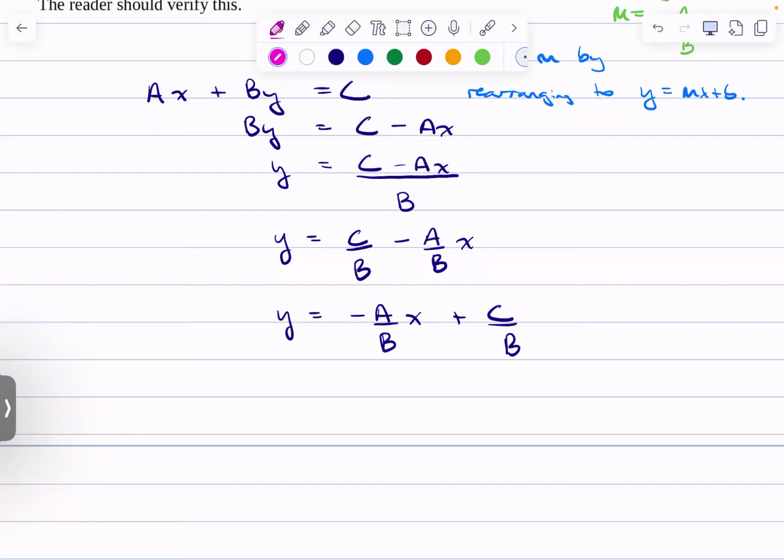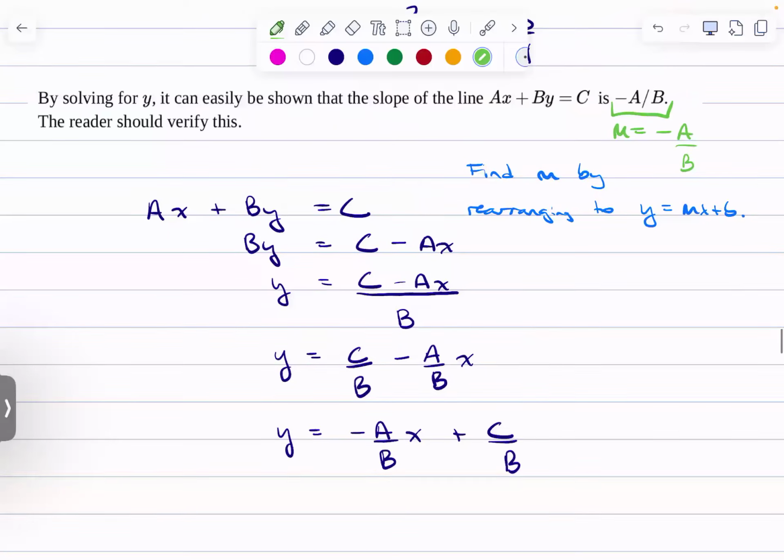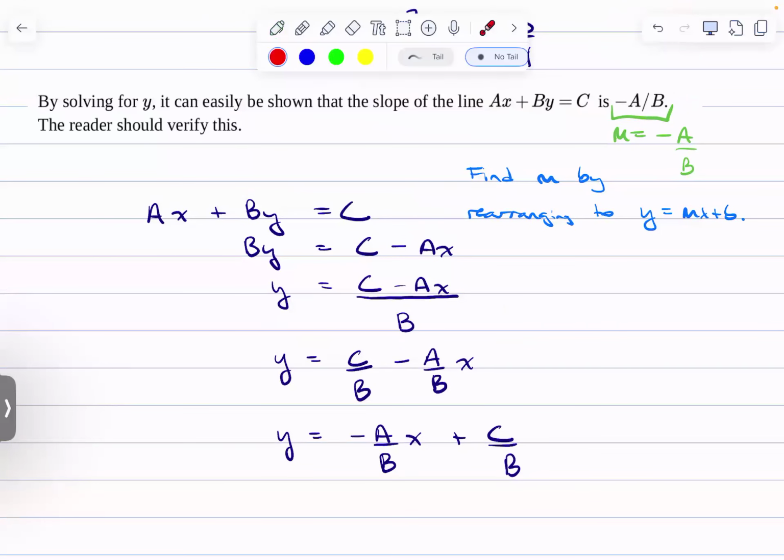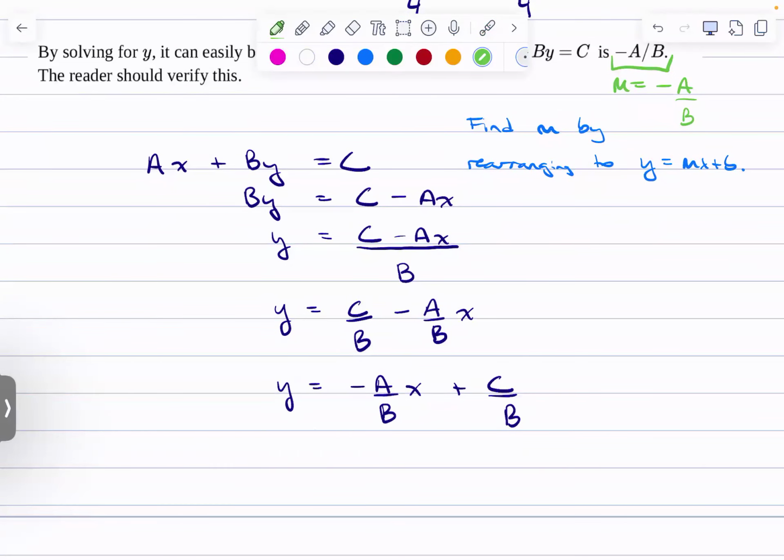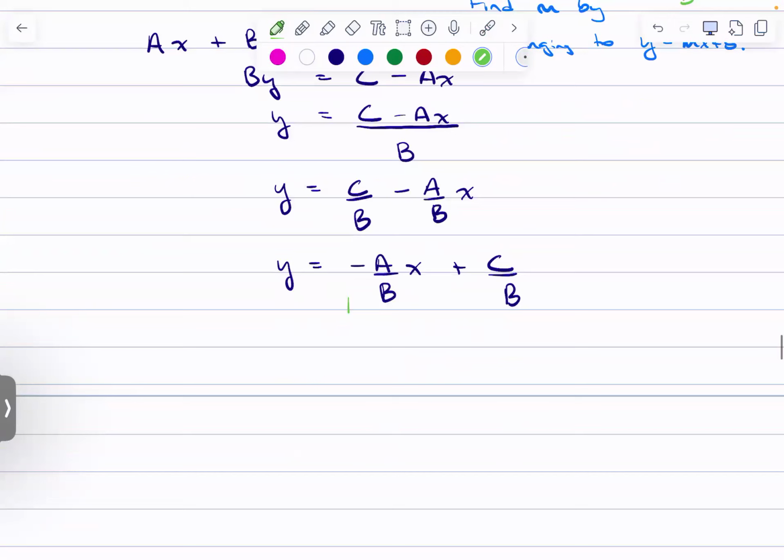Which means that we did it. We showed that from ax plus by is equal to c, then m is negative a over b. Which is a nice, cute little shortcut, if you remember it.